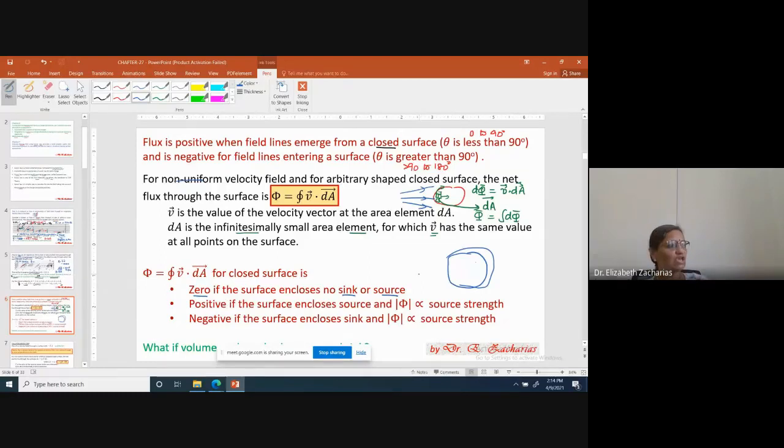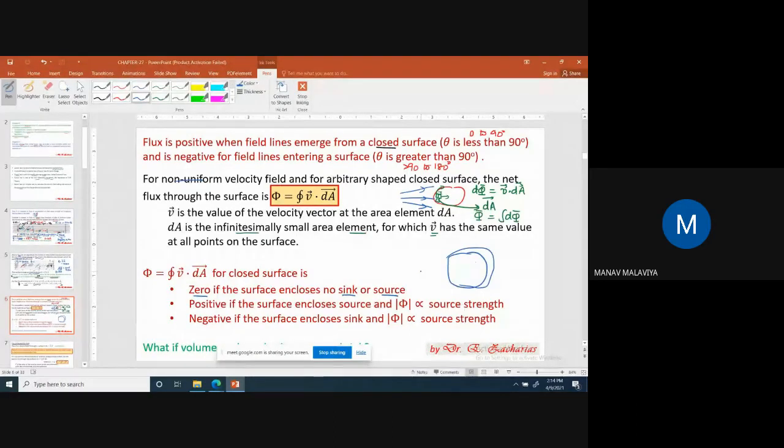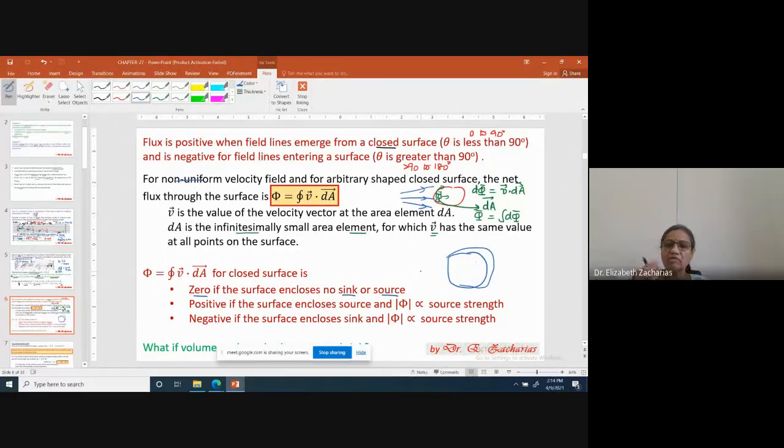Okay, I will just tell you something. Have you people gone to some place where you see some water springs? You can't see the source, but the water keeps on coming continuously. Yes, ma'am. Okay, that is a source. Similarly, sometimes in the ground there will be some place which will keep drinking the water.